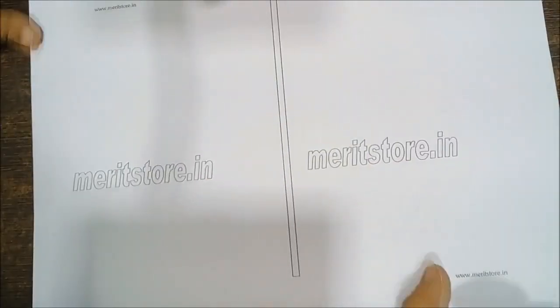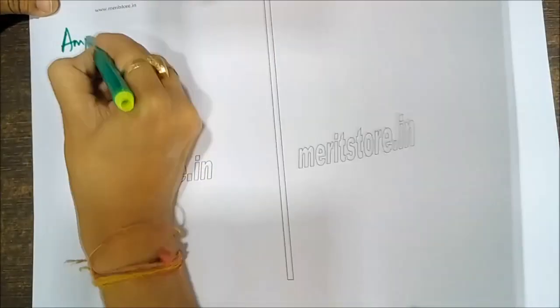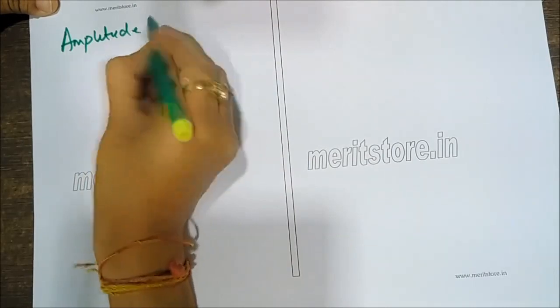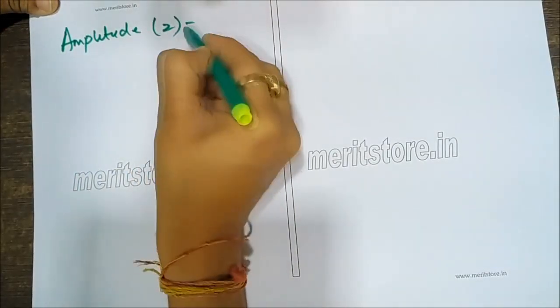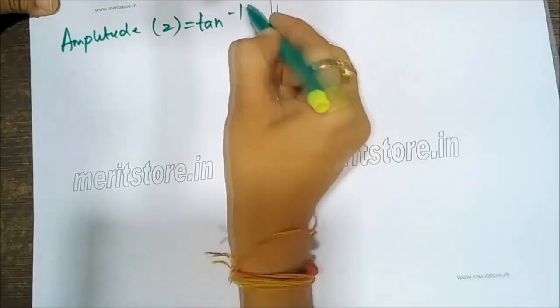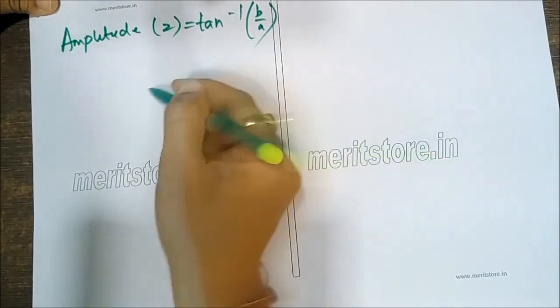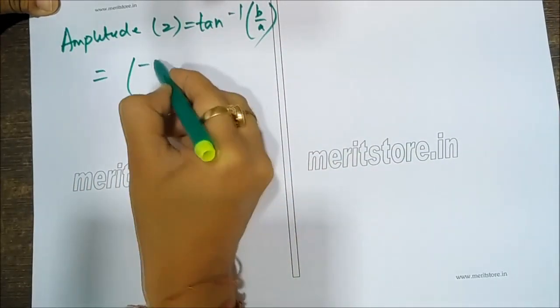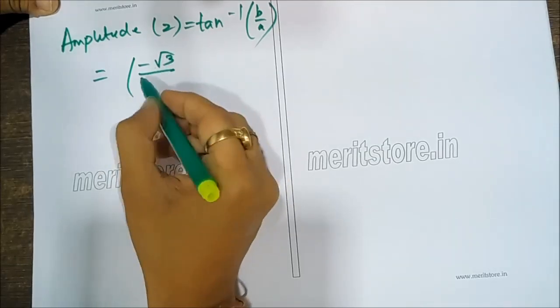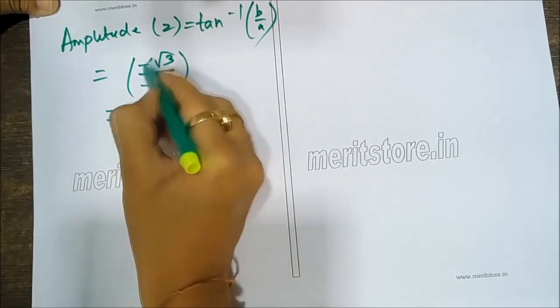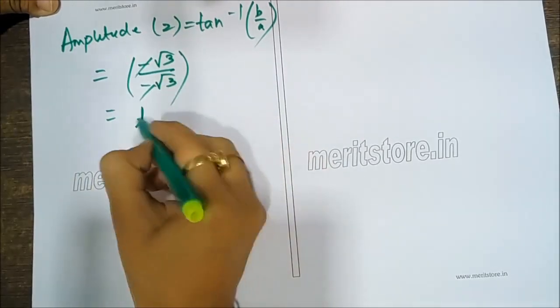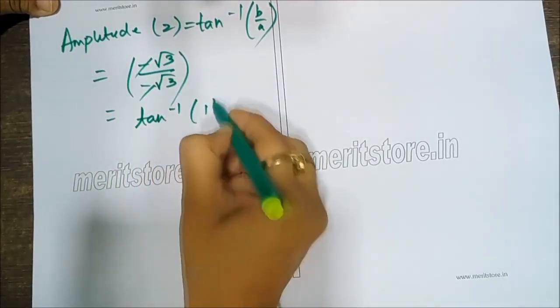For amplitude, tan inverse of b upon a, both were minus 3 and minus 3. This minus minus goes away. So tan inverse of 1.